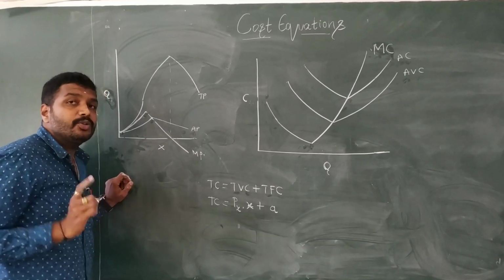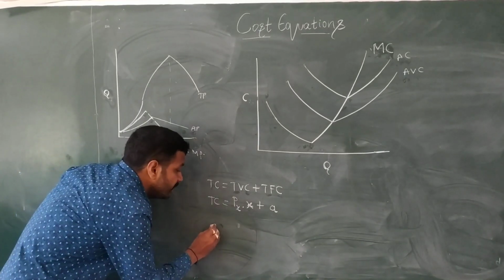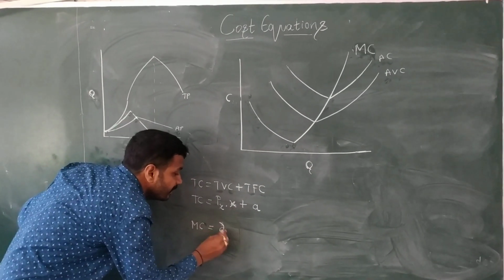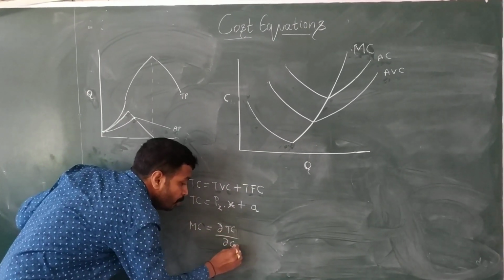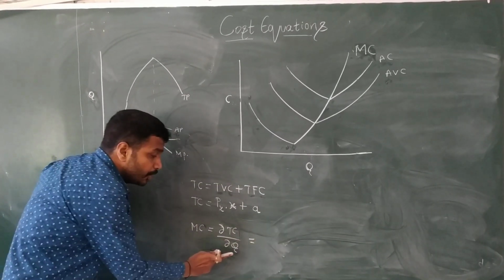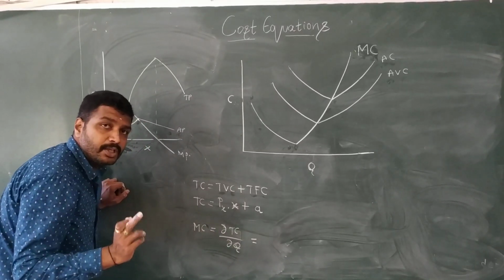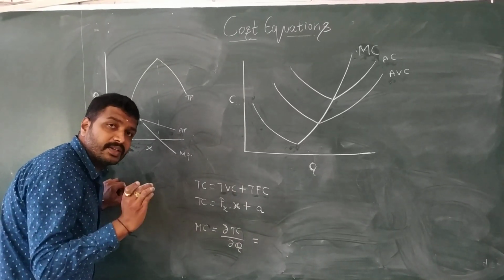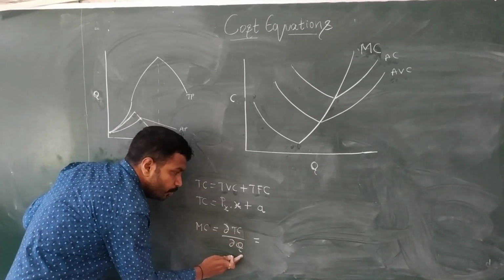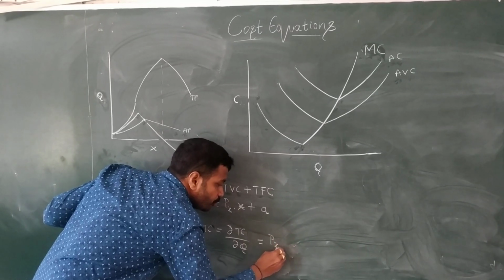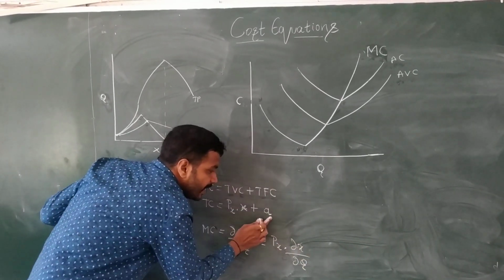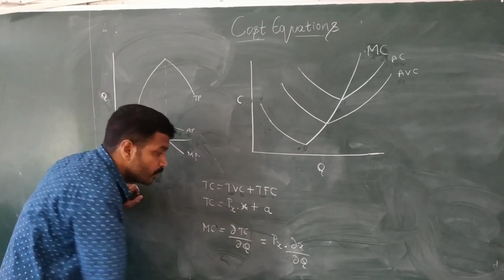Now I need to derive MC. You know MC is nothing but the derivative of TC with respect to Q. Remember here, Q and Y are used interchangeably and they represent output itself. When you take the derivative of TC with respect to Q, this becomes Px, which is a constant, times the derivative of X with respect to Q, and A is a constant, so it becomes 0.